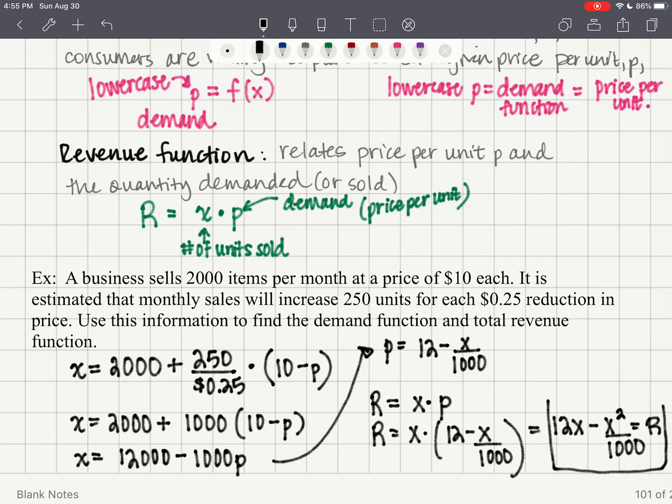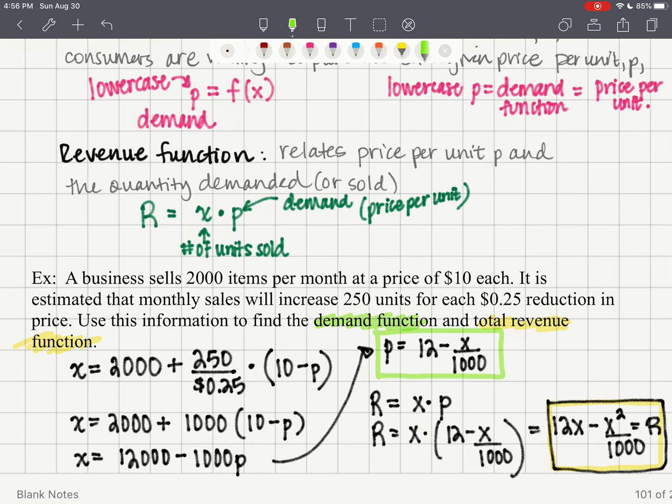So our revenue function, I'll highlight this, is that value right there, and our demand function is our price, and our demand function is that value right there. P equals 12 minus x over 1,000.